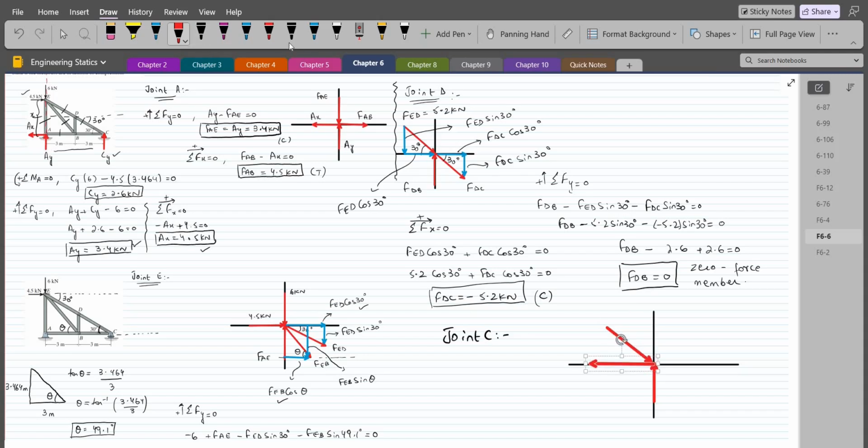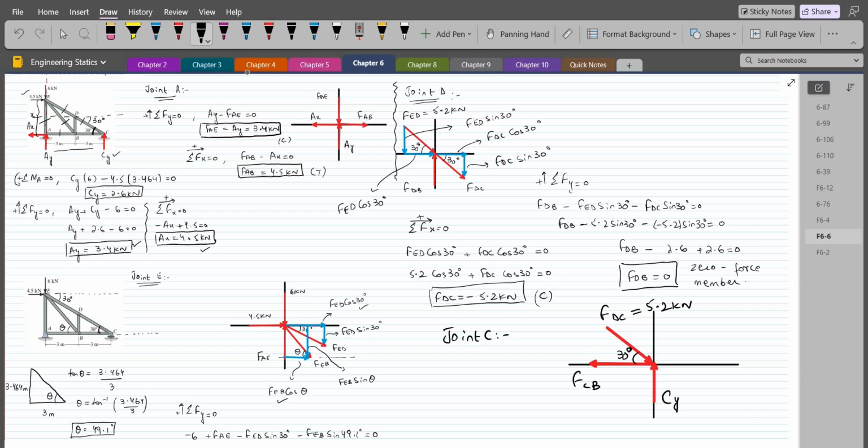So let's label them. This right here is the force Cy. This is FDC. And since I have correctly drawn its direction, which is compressive in nature, I no longer have to put the negative sign with the 5.2 kilonewton. It is just 5.2 kilonewtons. And this angle is 30 degrees. And this is the force CB.